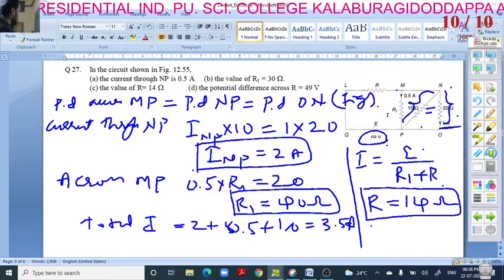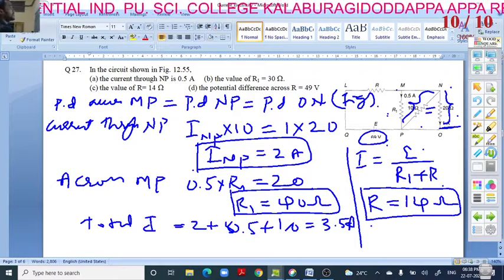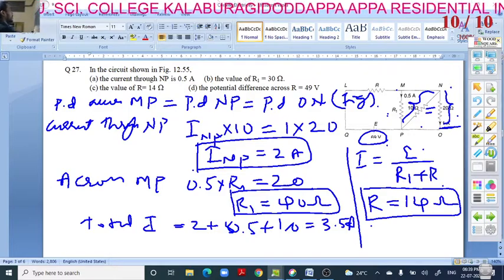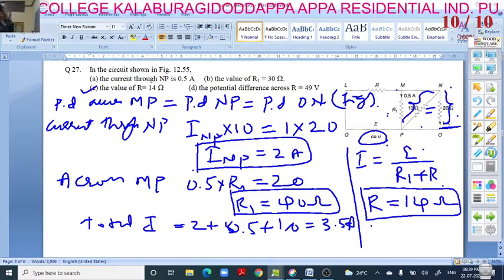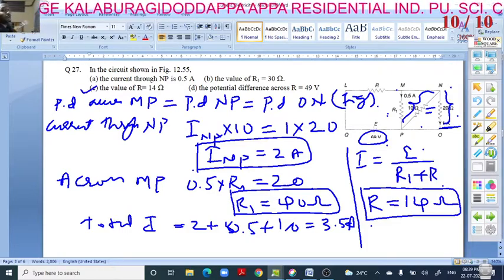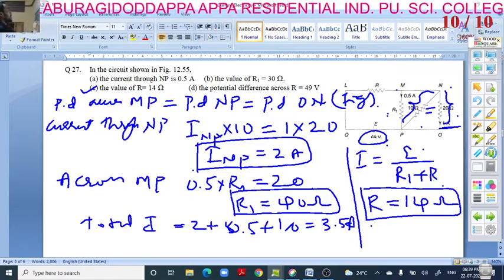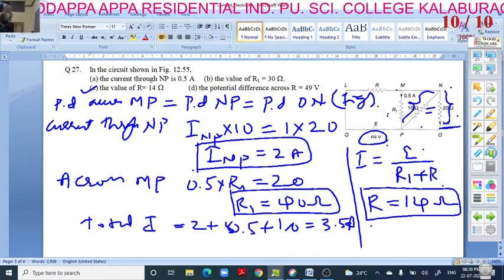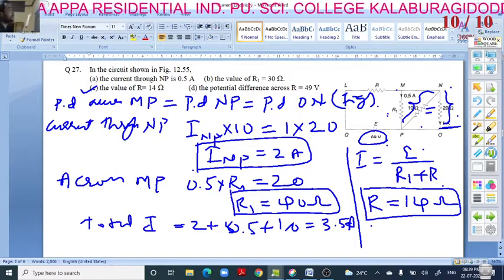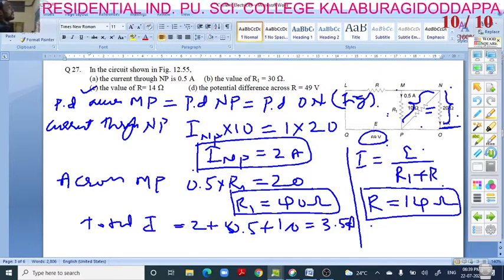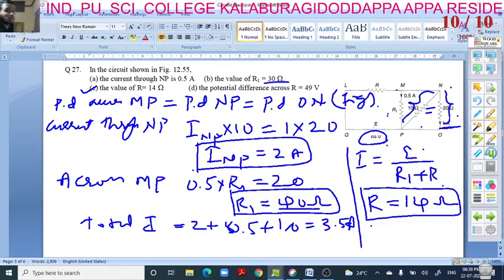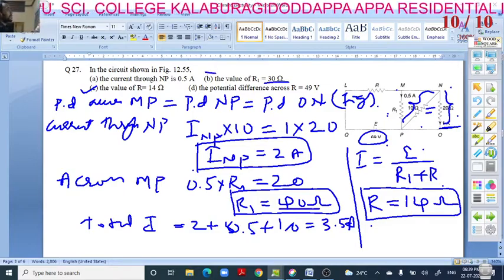So that our option is third option, value of R. Okay, remaining you check. First option, current through NP is 0.5 he has given. Current through NP, how much we got here? Current through NP is 2. So this option is wrong. The value of R1 is equal to 30 ohm he has given. R1, how much we got? 40 we got. So this option also is wrong.